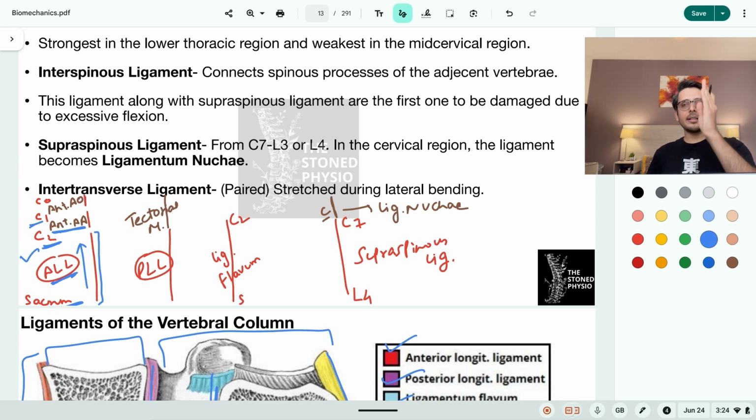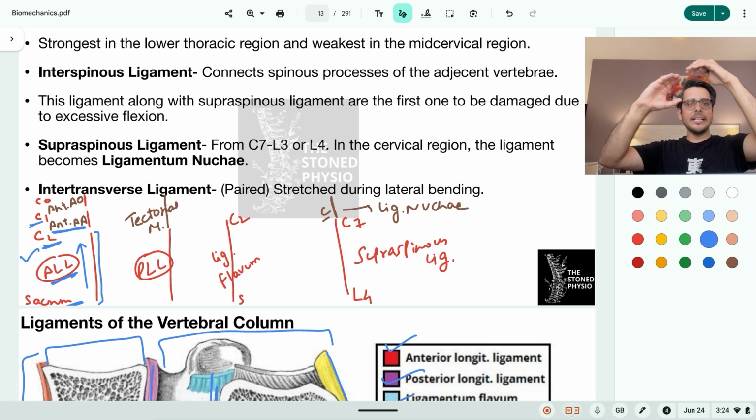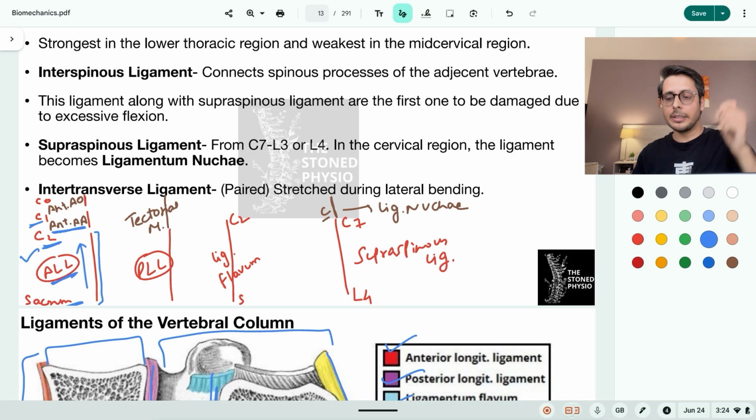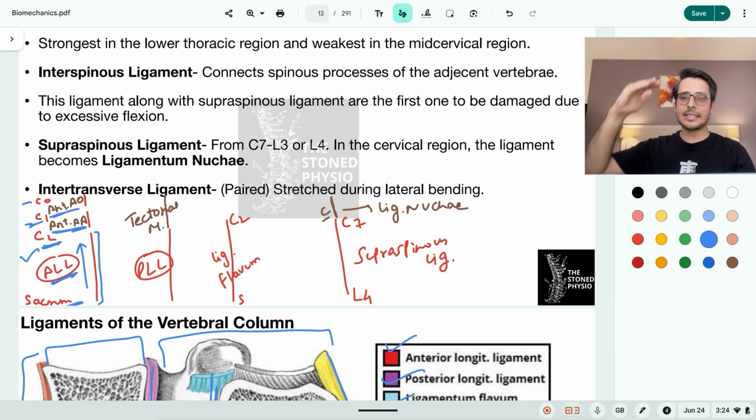So the anterior longitudinal ligament above C2 becomes anterior atlantoaxial, and then above C1 it becomes the anterior atlanto-occipital ligament. So anterior atlanto-occipital between C0 and C1, and anterior atlantoaxial between C1 and C2, and below that until the sacrum it's called the anterior longitudinal ligament.